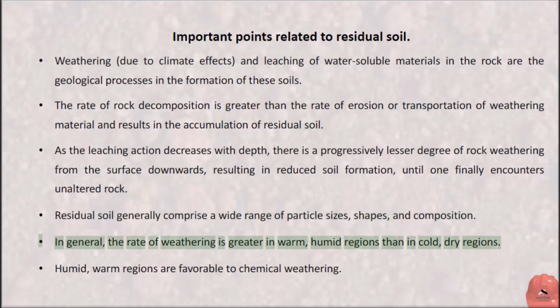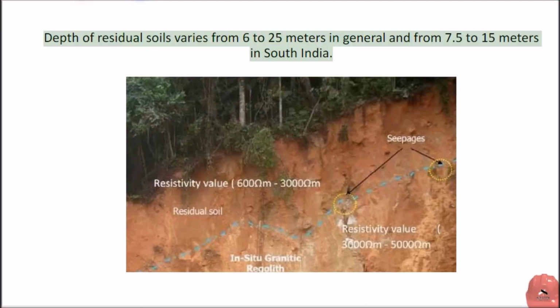In general, the rate of weathering is greater in warm, humid regions than in cold, dry regions. Humid, warm regions are favorable to chemical weathering. Depth of residual soils varies from 6 to 25 meters in general and from 7.5 to 15 meters in South India.